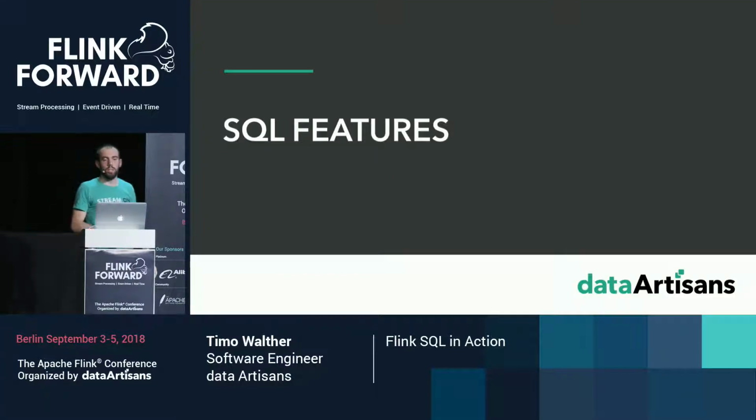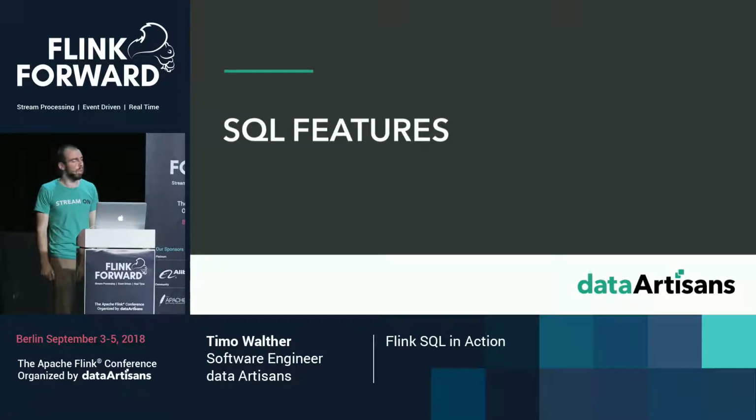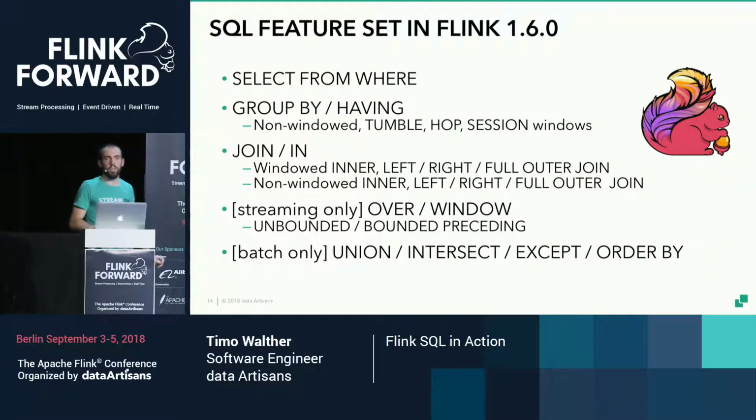So let me quickly talk a little bit about the SQL features that we are able to do right now. As you can see, Flink already has a large set of features. As you have seen, we already support very simple things like select from where queries. You can use group by in SQL statements.